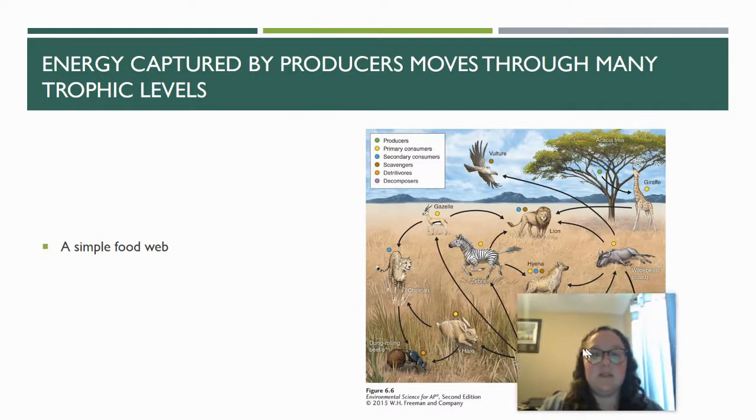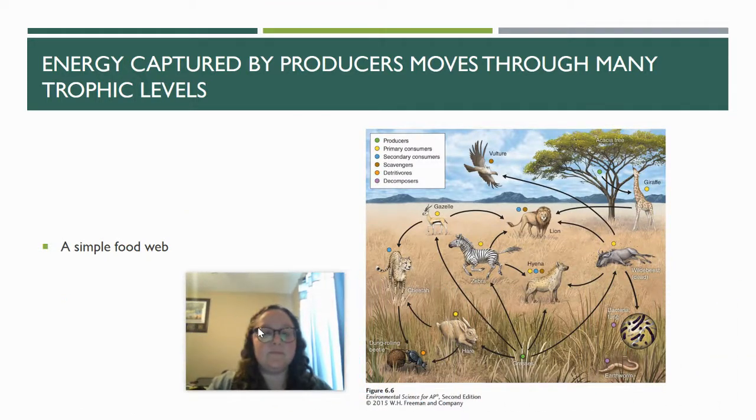And here is an example of a food web. I like this because you can see there's a colored dot by each organism that lets you know what trophic level it fits in. As we can see, things like the lion and the hyena can be happy at more than one trophic level.